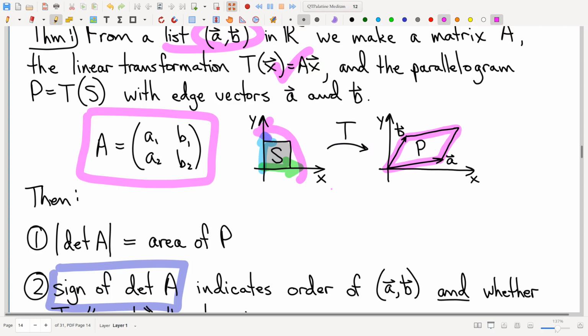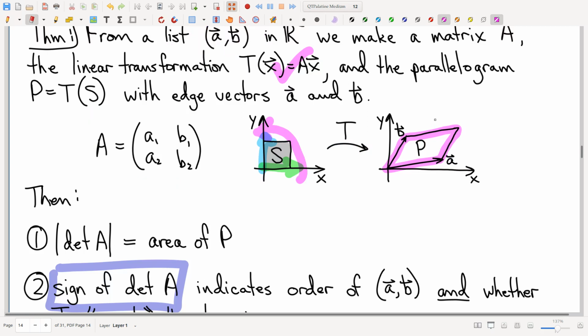Now let's look at the images. The image of E1, y'all remember the rule, right? The images of the standard basis vectors are always the columns. The columns, of course, are the vectors in the list. The vectors in the list, as I'm sure you've noticed, are A and B. They are the edges of the parallelogram.